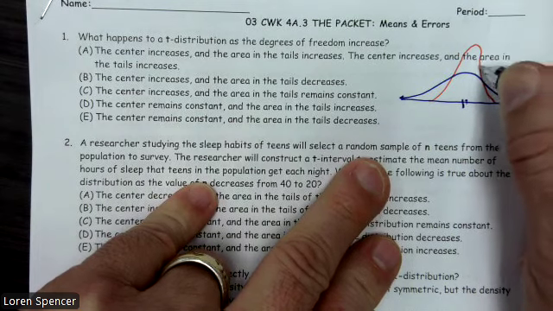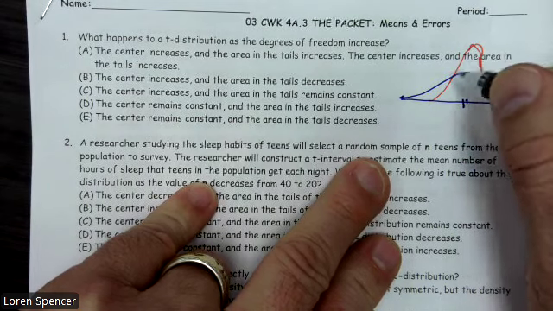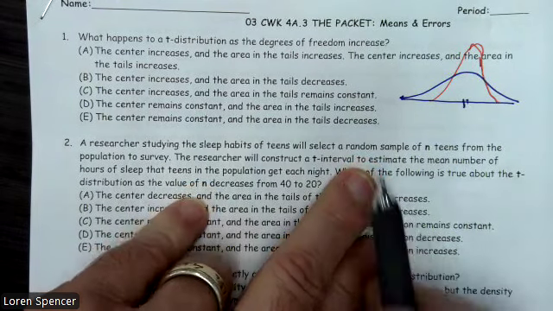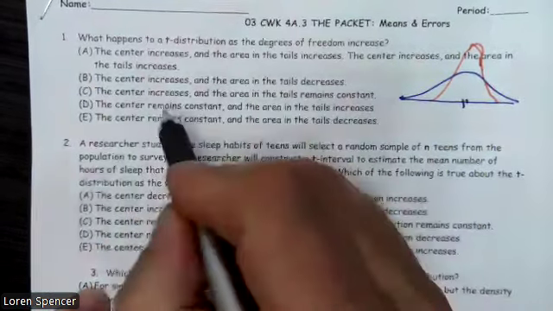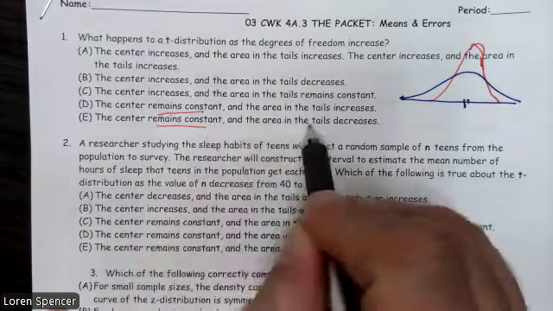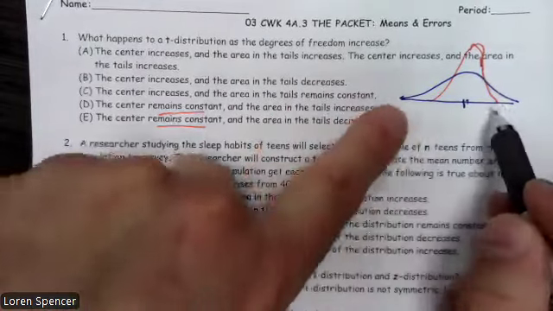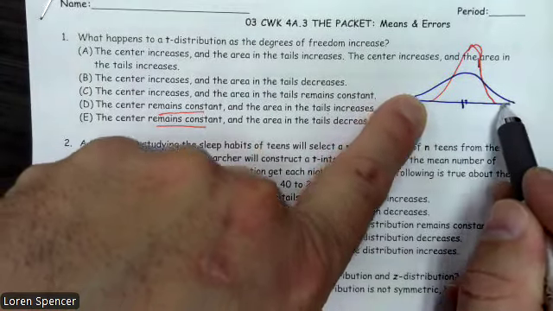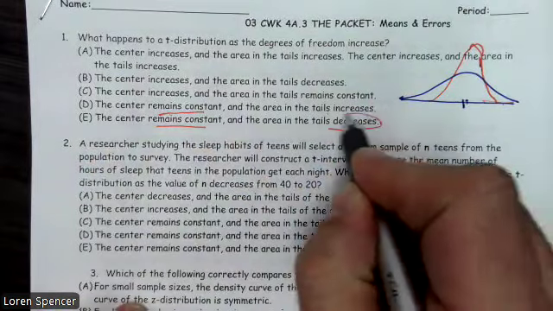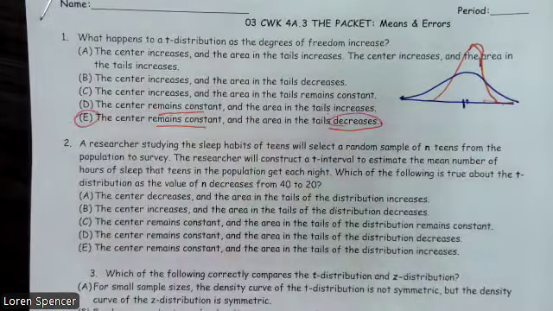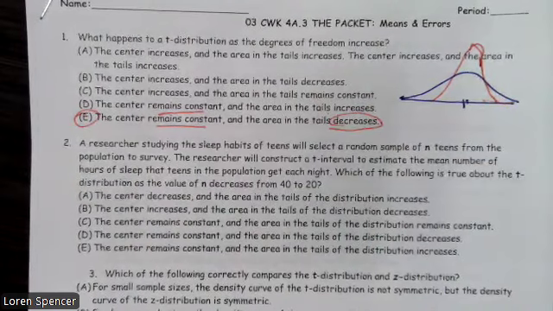It'll have exactly the same mean, but it becomes narrower. So the center remains constant, the center doesn't change, and the area in the tails, well, we had a lot of area initially and they decrease. So the answer is they decrease. The center will not change.